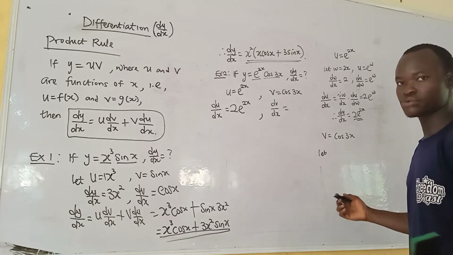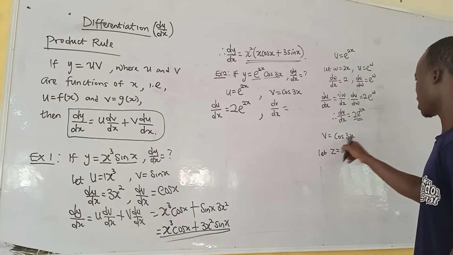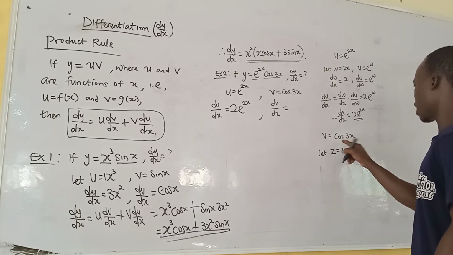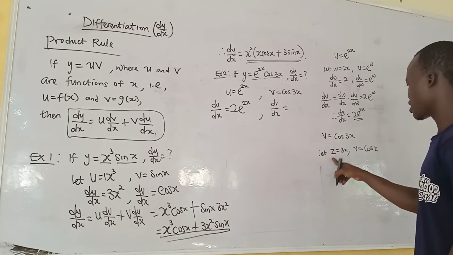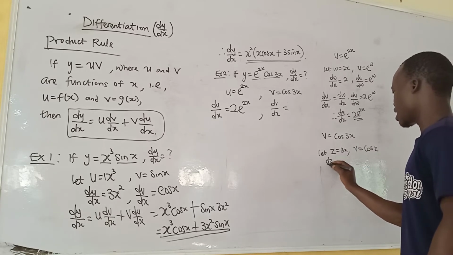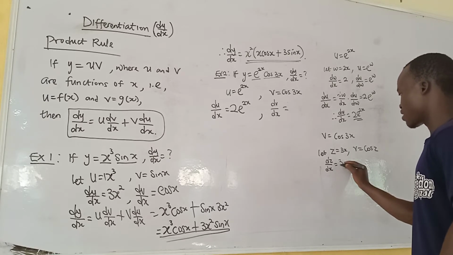You say, let's use z now. Let z equal what? 3x. If z is 3x, then v will now be what? Cos z. Differentiate z with respect to x, that is dz/dx. Using the rule for polynomial, we are going to have 3.